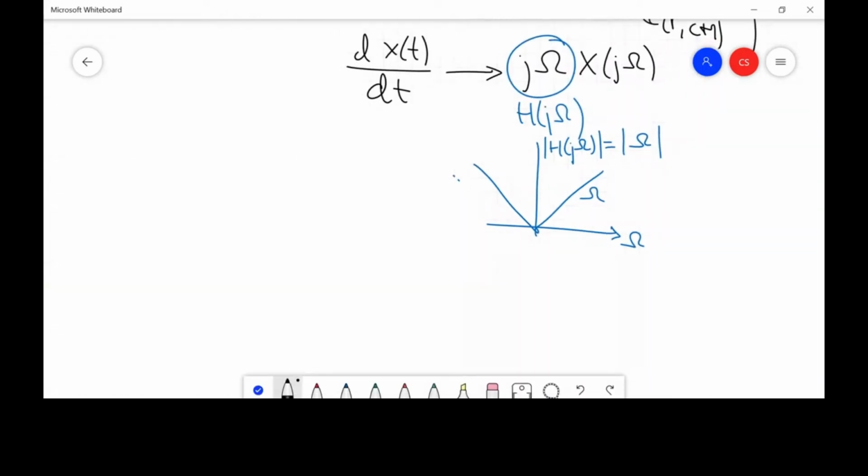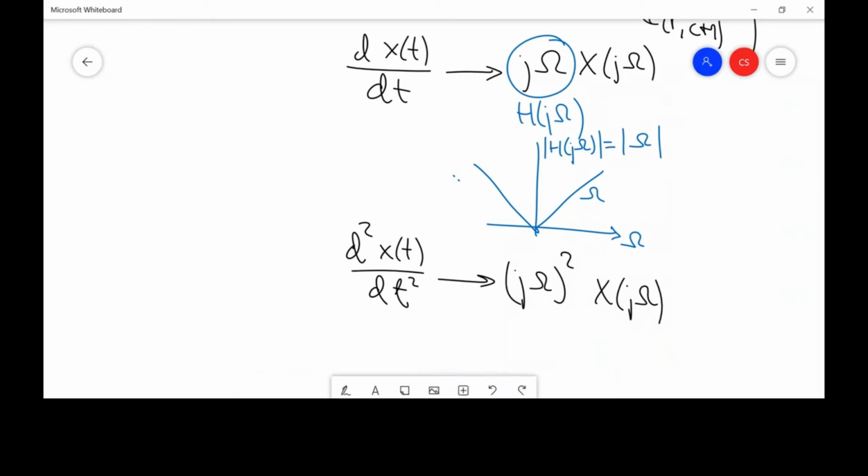Let's say that I want to compute the second derivative of an image. What is the Fourier transform of that? What do I need to do? Two times this thing. So it will be j omega applied twice.